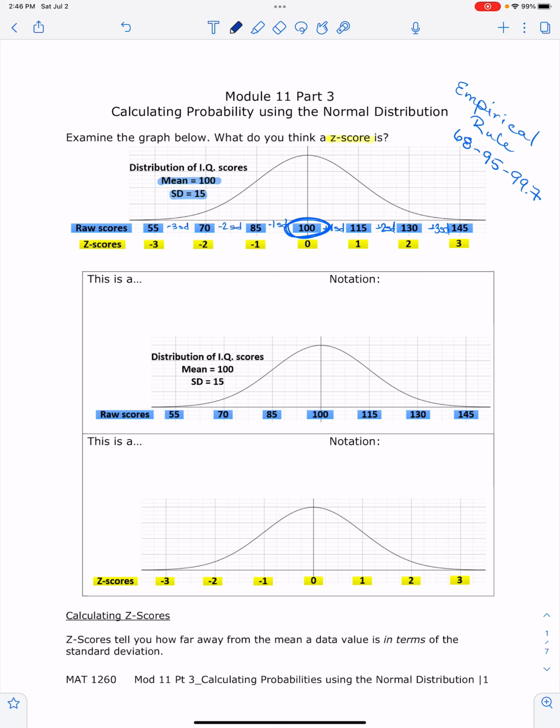Okay, so a z-score, and I'm going to use counts instead of shows. Counts how far a raw score is from the mean.